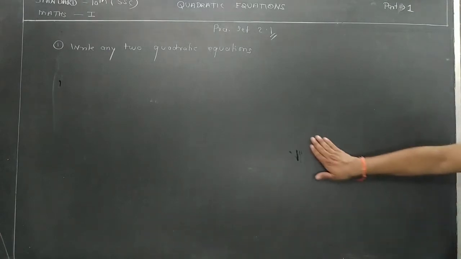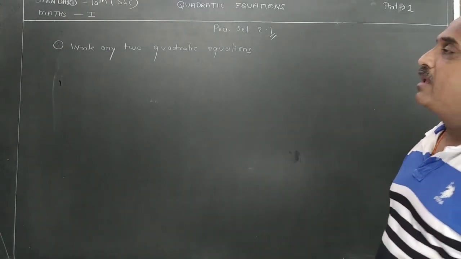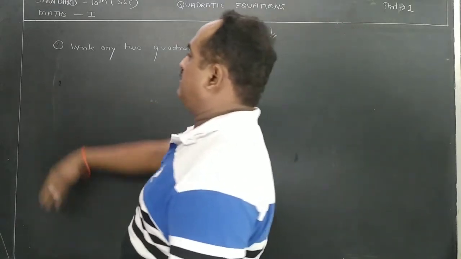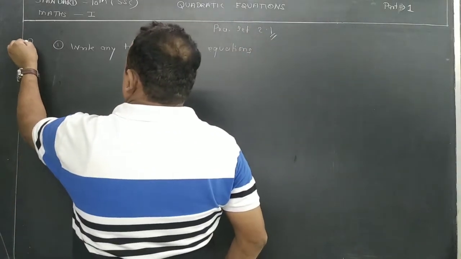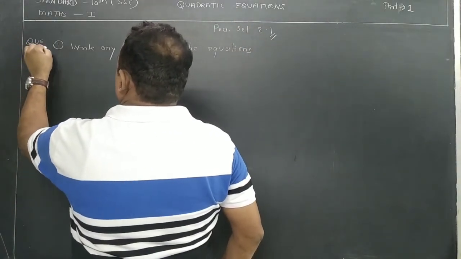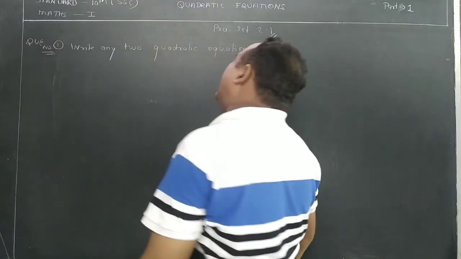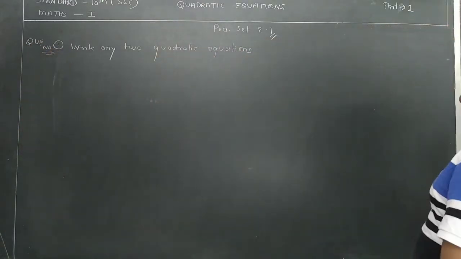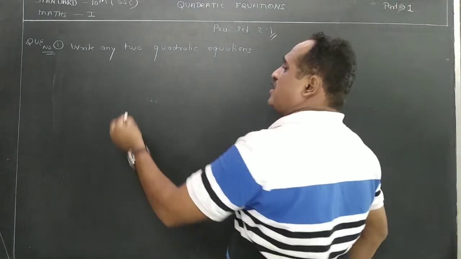Now we are going to start with the practice set 2.1. First question, question number 1, is write any two quadratic equations. That you have to write. This will be a 1 mark question.